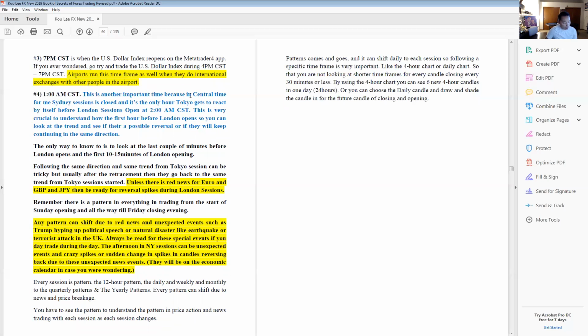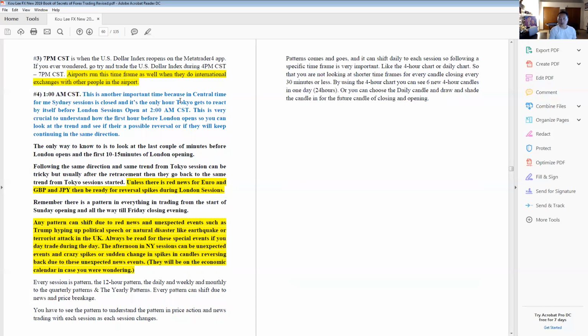Airports run this time as well. It's very important because international airports, every single one of them, have a foreign exchange currency service. So if you look at those times that I talk about, look at the international airport times. Think about all the people that are flying out. Think about all the people that are flying in.